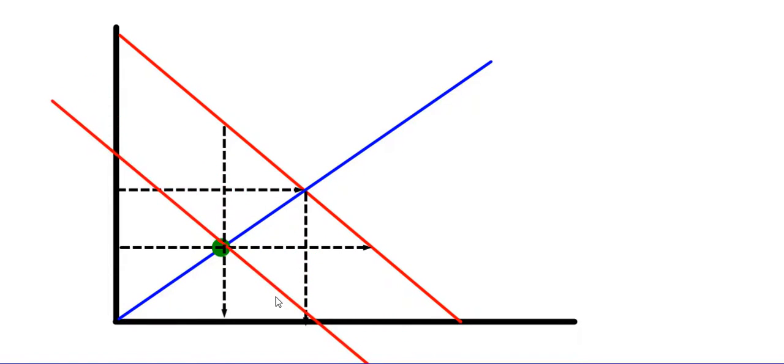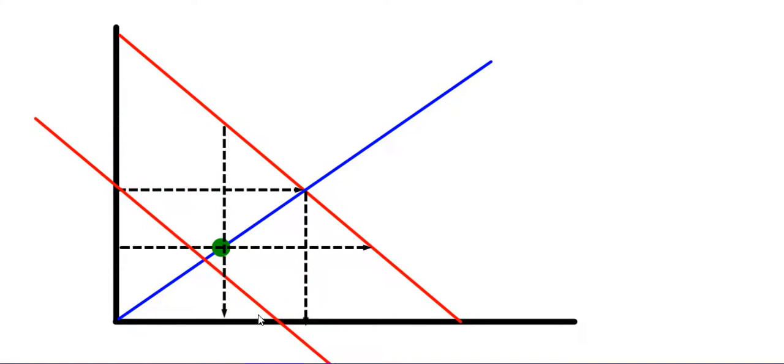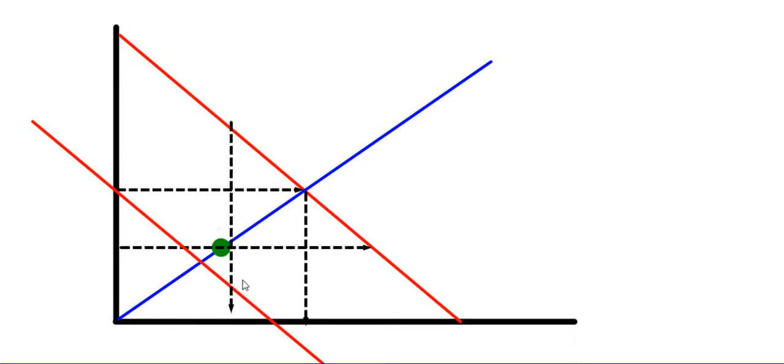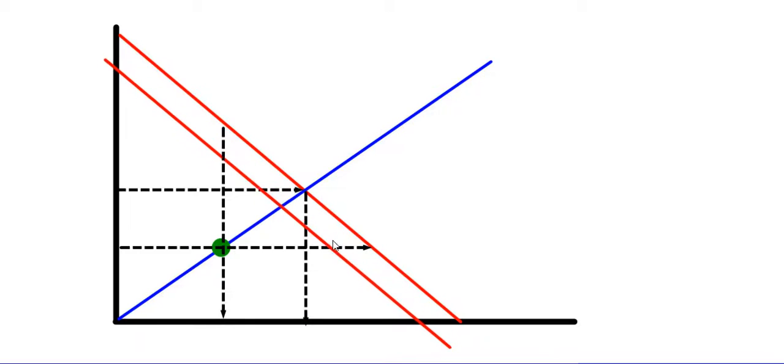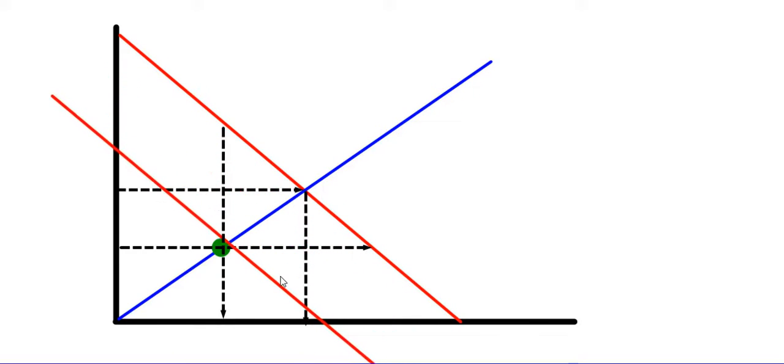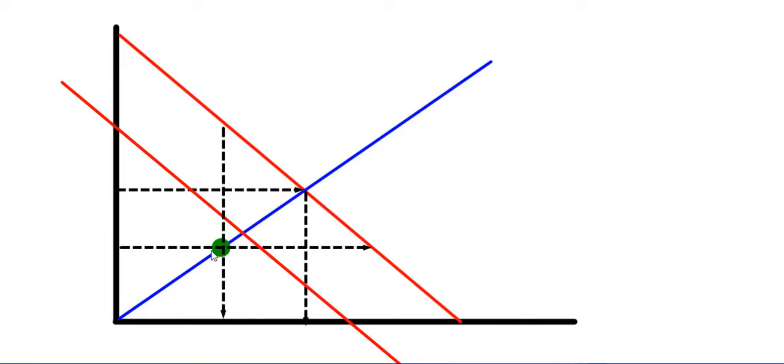But if we shift past this point, then the price ceiling is now above what the market price would be here, so it's no longer binding. So we know that we're going to shift the demand to the left, but not farther than here, in order for this price ceiling to remain binding.